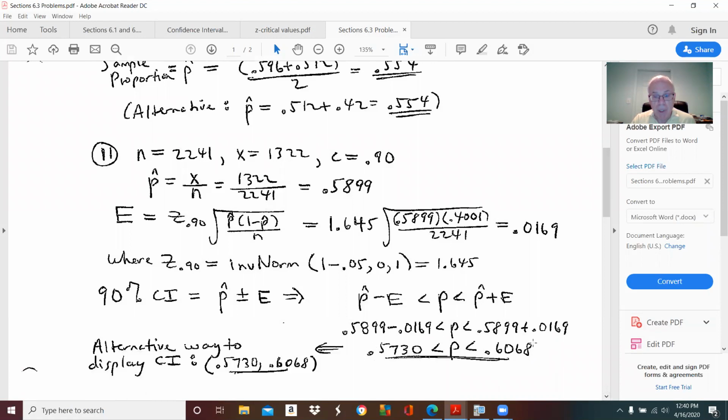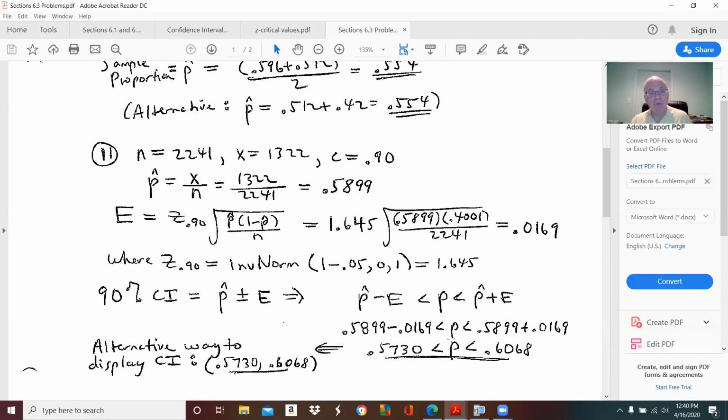Now, typically in exams, we see this way of showing the confidence interval. We're saying that the true, unknown population proportion is hopefully in between these two values. With how much confidence? 90% confidence.